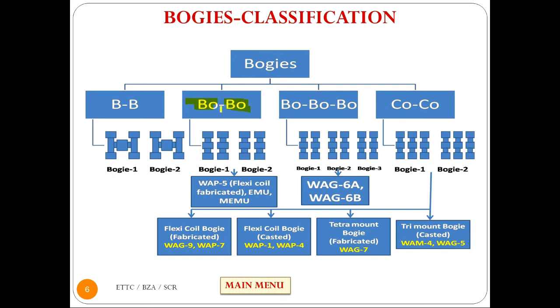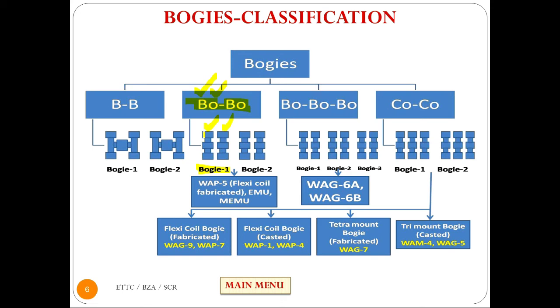BO. In this, B stands for two axles. So in this bogie we have two axles. The second letter O stands for each axle being independently driven. The main difference between BB and BO is that in BB the axles are mechanically coupled, which means a group drive mechanism, whereas in BO each axle is independently driven.